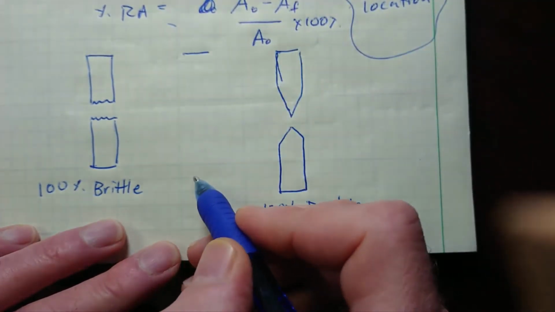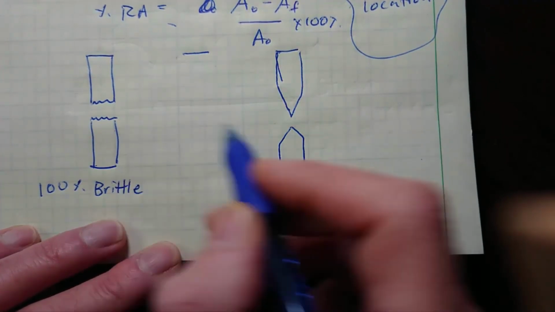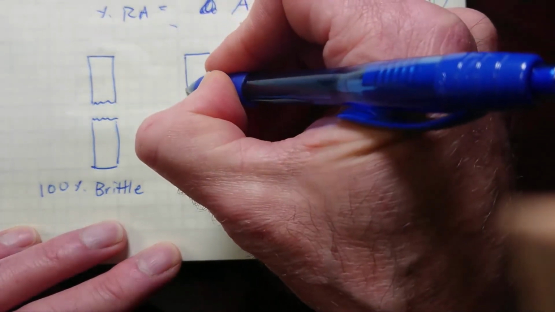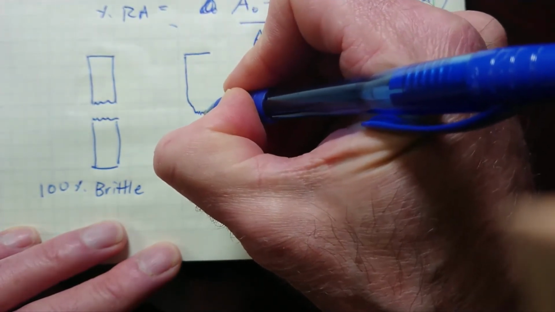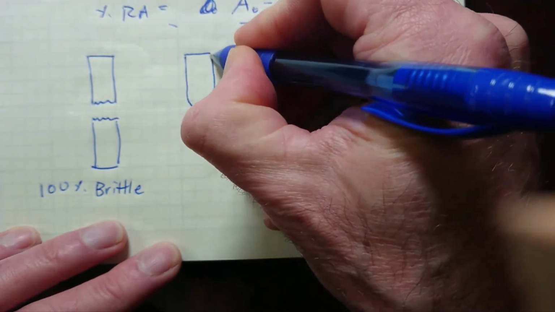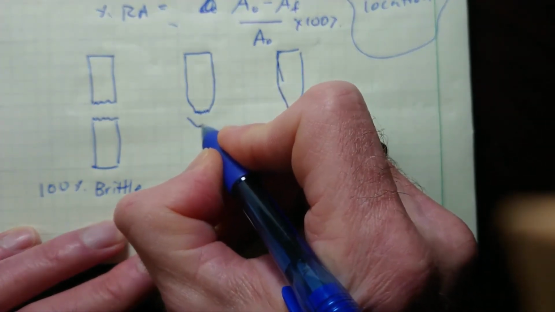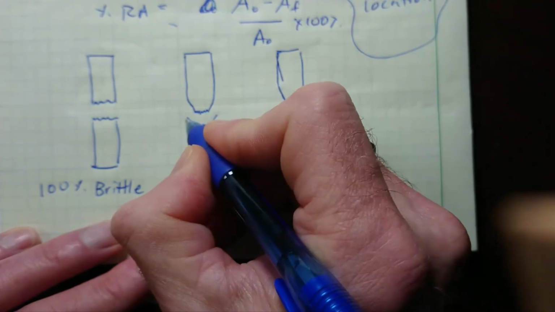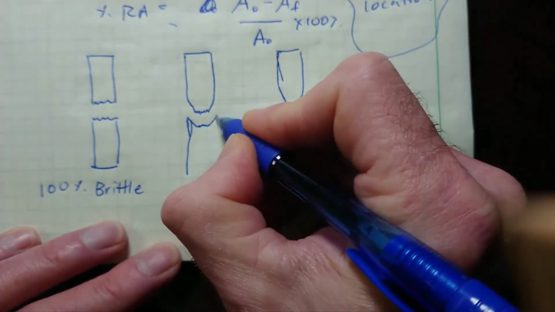Most of the metals of structural importance are somewhere in between, and so what we actually see is a sample that necks down a little bit, but not to a point before it breaks. A lot of times the fracture will look like a cup and cone type shape.